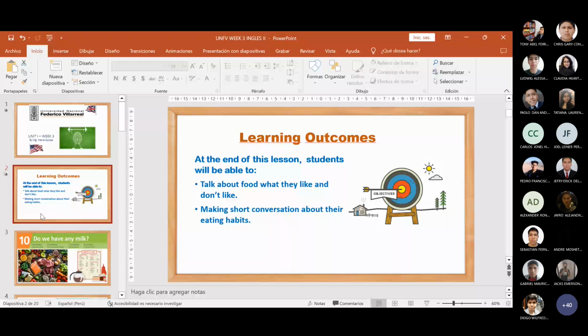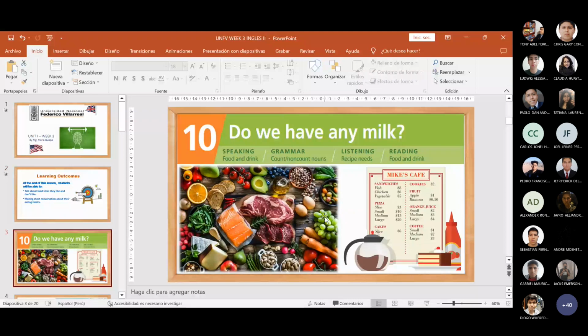Well, here we have a picture about food and drinks. I have a menu. I have a picture of some items of food.